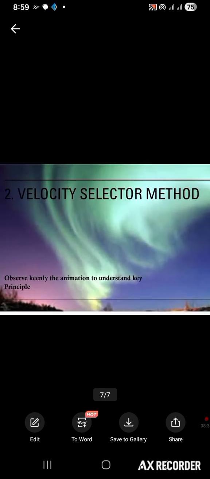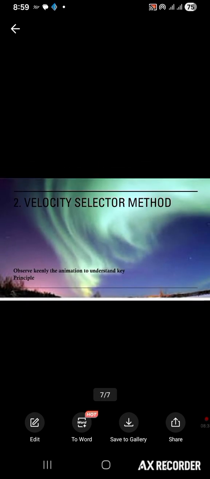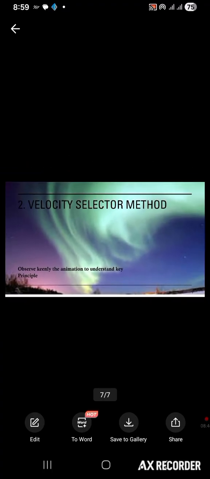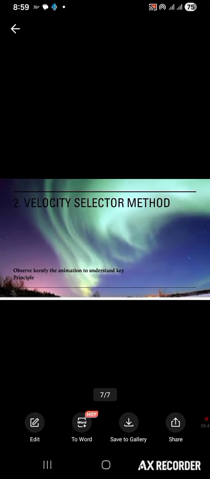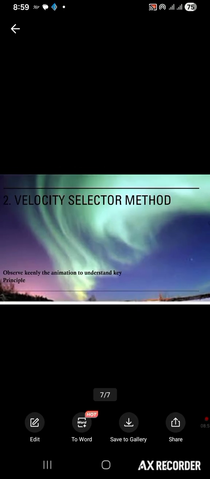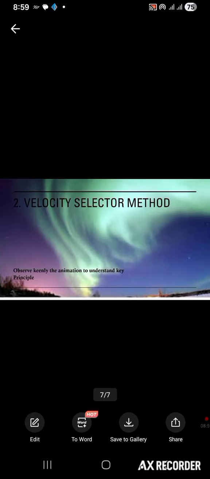Now we will approach the velocity selector method. That is a method in which we separate some particles by differentiating the velocities. Like if a source has many charged particles, we can separate different particles by using the velocity, as they will all have different velocities.